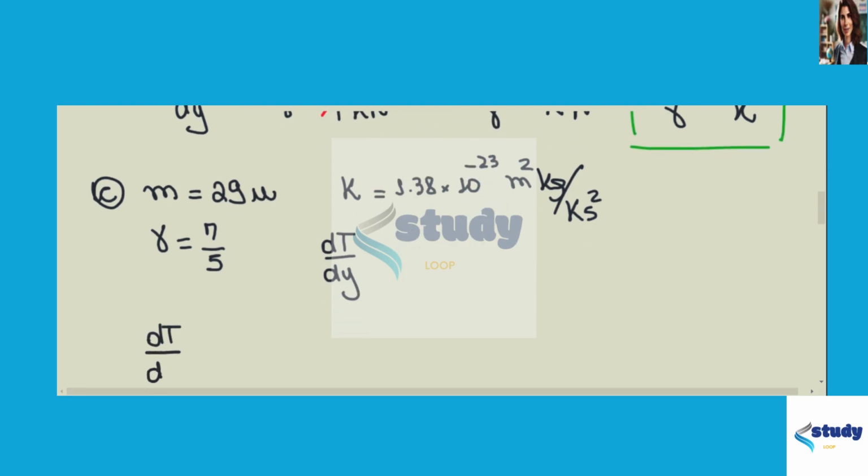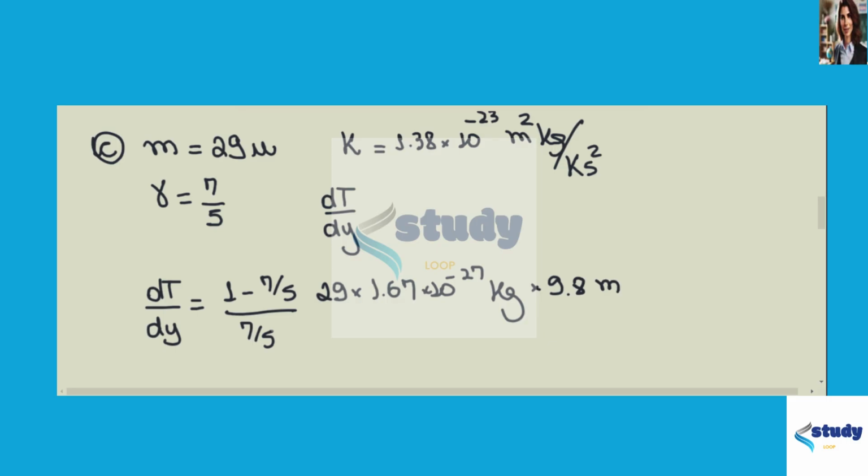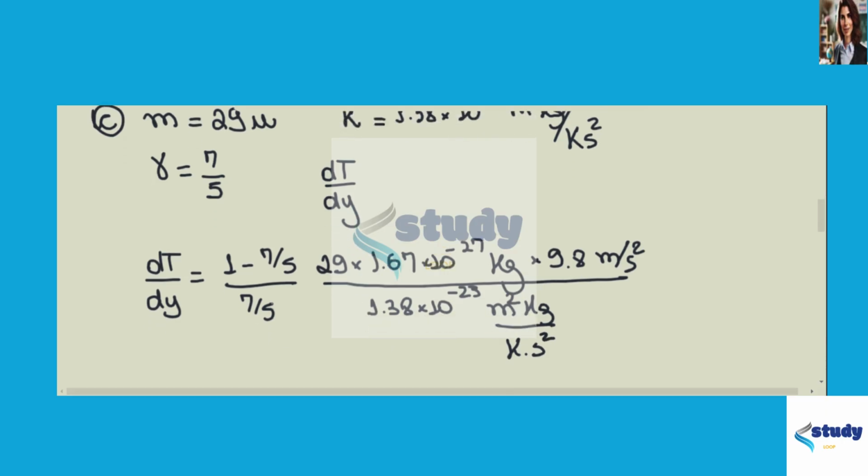So dT dy, according to question B, is (1 minus gamma) divided by gamma times m, that's 29 times the atomic mass unit, that's 1.67 times 10 to the minus 27 kilograms, times g, that's 9.8 meters per second squared, divided by K, and that is 1.38 times 10 to the minus 23 meters squared kilograms per Kelvin second squared.